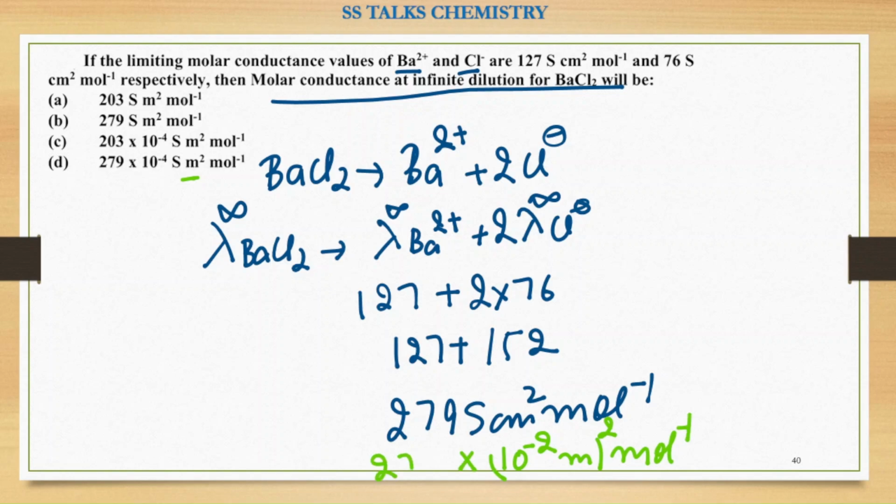This is 279 into 10 raised to the power of minus 4 Siemens centimeter square. Sorry, instead of centimeter we have made the conversion to meter, Siemens meter square per mole. This is going to be the answer. 279 into 10 raised to the power of minus 4, that is option B over here.